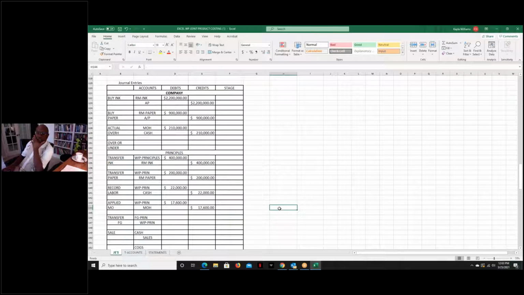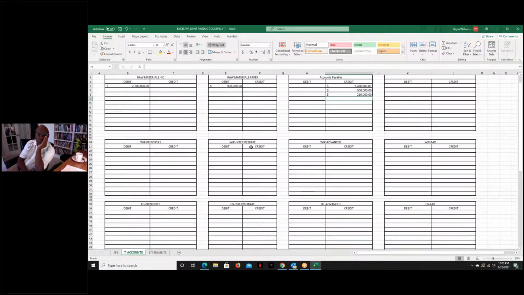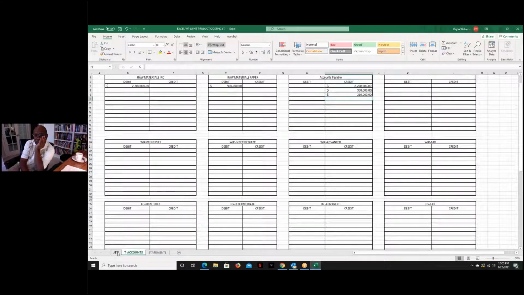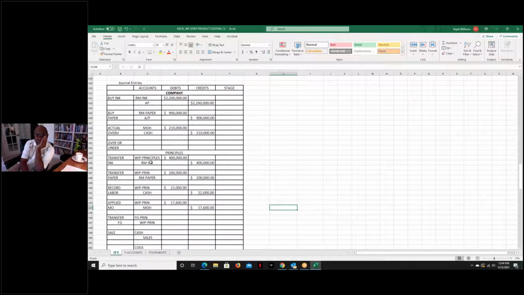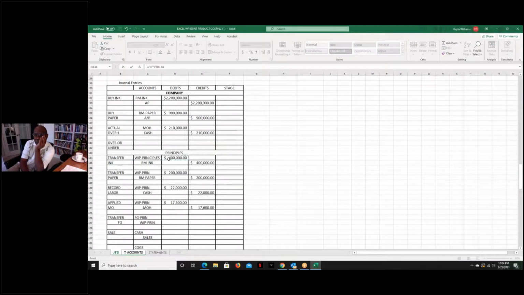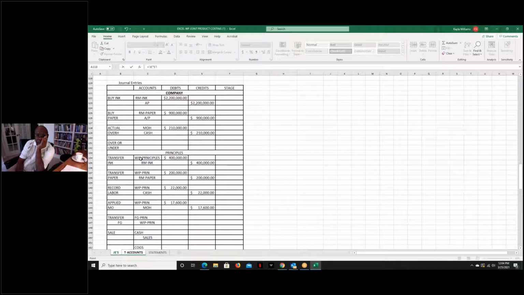So let's get those posted. We have principles, right? Yeah. I'm sorry, I have to go back and look at this. Okay. Yeah. We're definitely in principles. Hey, Kayla, are you supposed to put 210,000 in accounts payable? Oh no, it's supposed to be in cash. You're right.